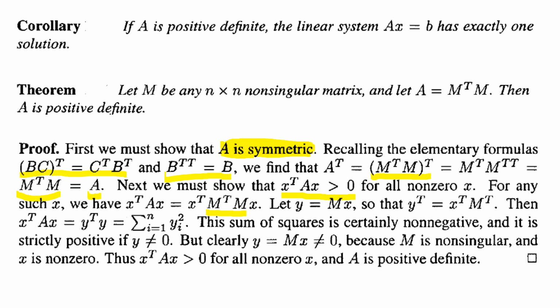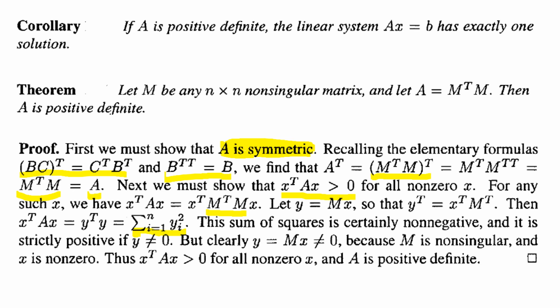We obtain this result in the form of entries, which is the sum of yi squared. The sum of squares is certainly non-negative, and it is strictly positive if y is not equal to 0.